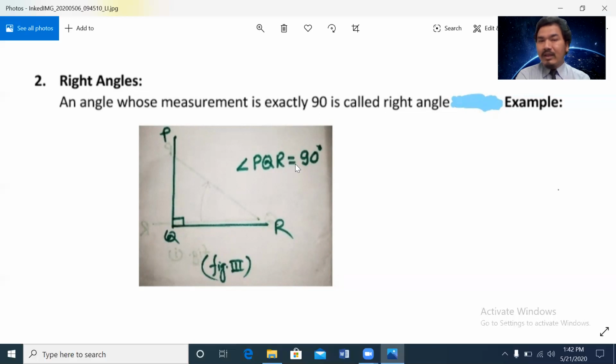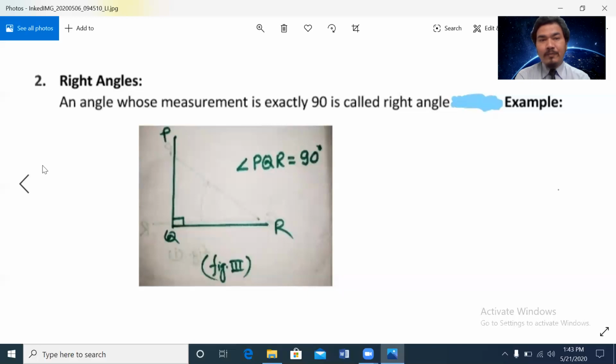If the angle is exactly 90 degree, that is known as a right angle. And please, my dear students, look here, there will be one symbol like this, a rectangular or maybe a square symbol. This symbol means it is 90 degree. That's why this angle PQR, its measurement is exactly 90 degree, so it is called a right angle.